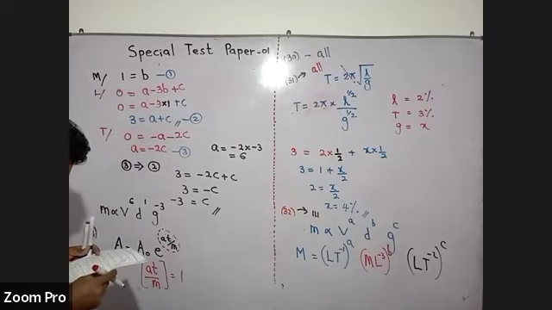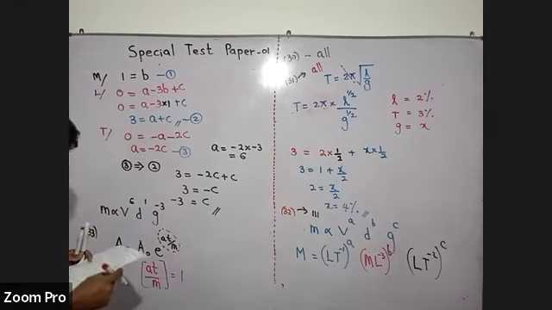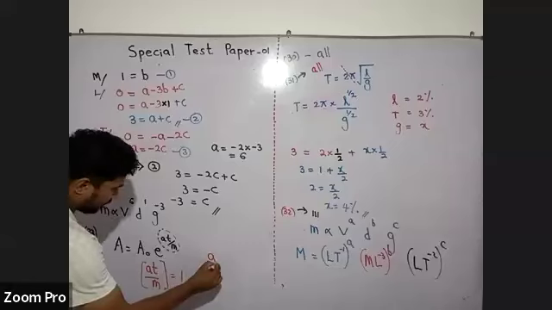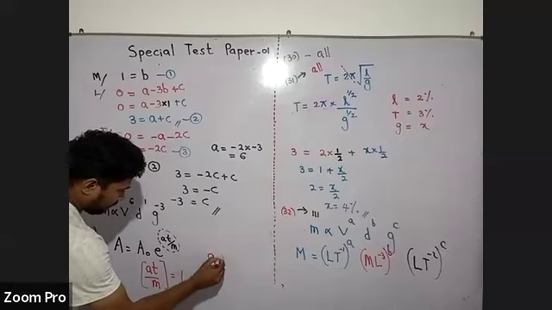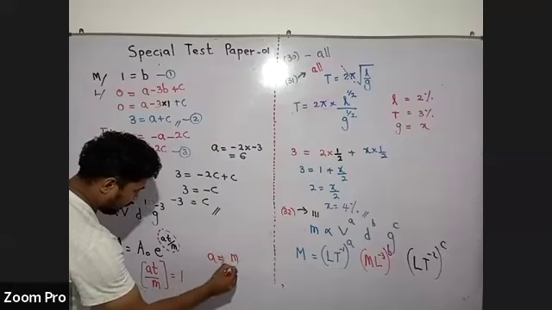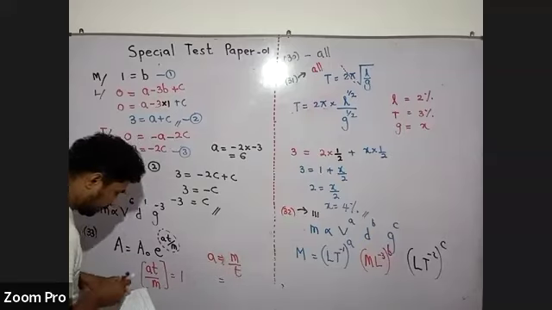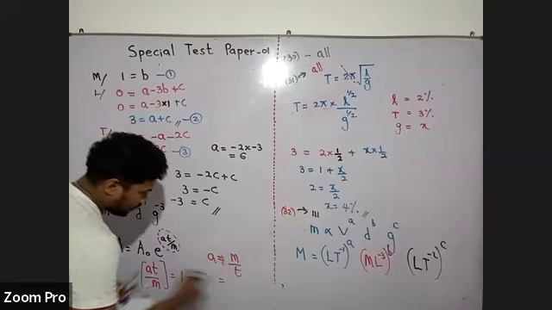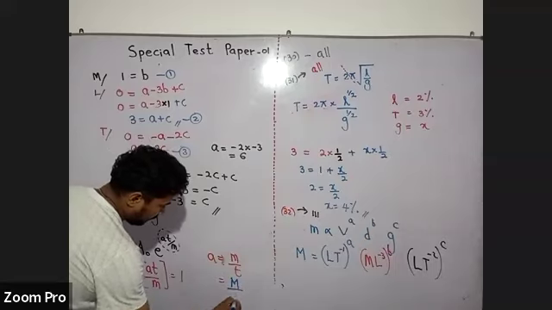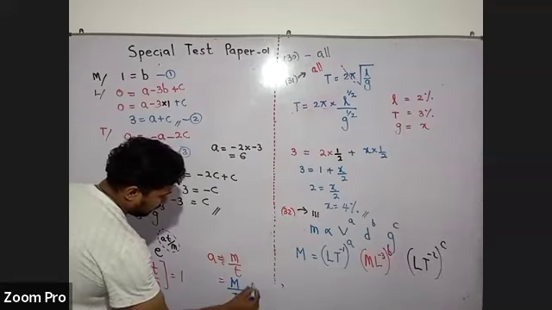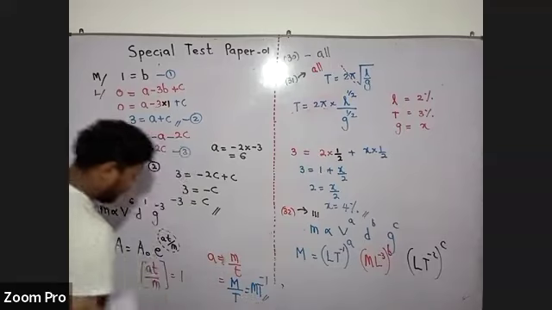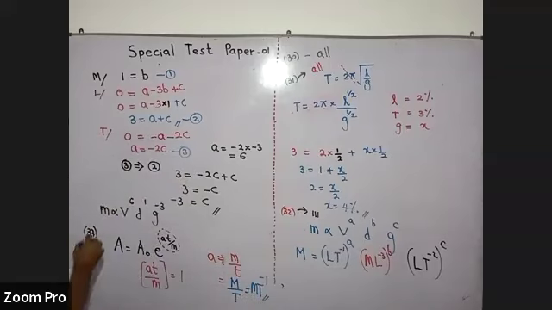Then, if m is the mass and t is the time, then if I make a the subject, it should be m over t. So if I substitute the dimensions, it should be capital M over T, then the answer should be MT to the power minus 1. So the answer should be the first answer, right?